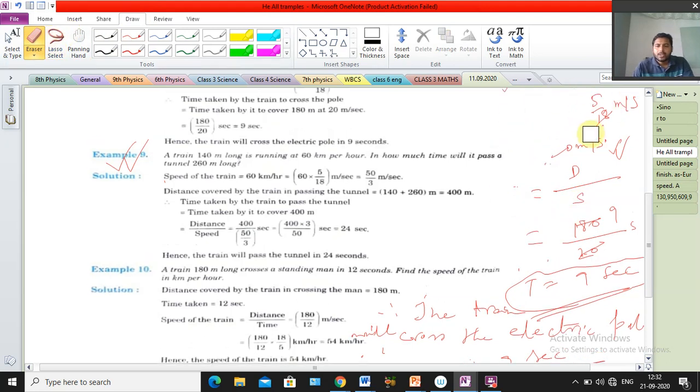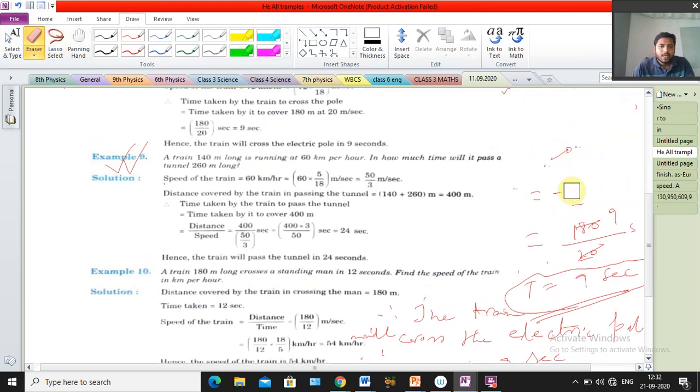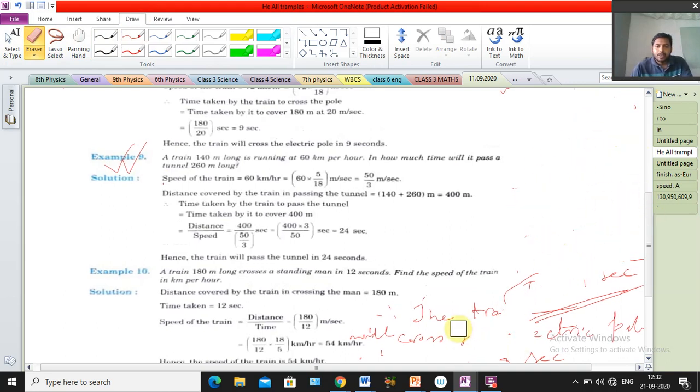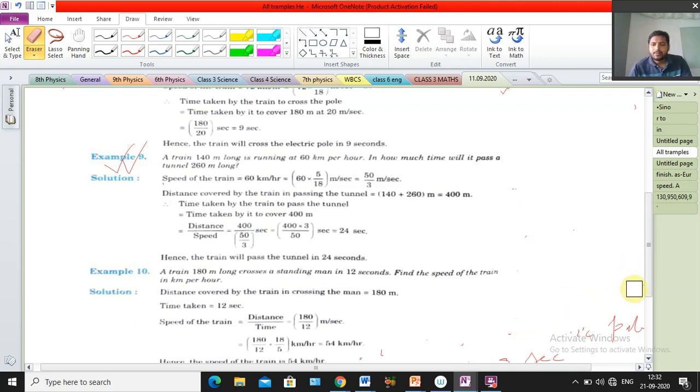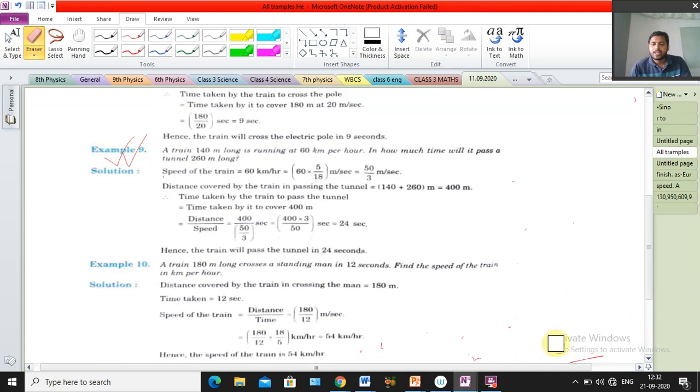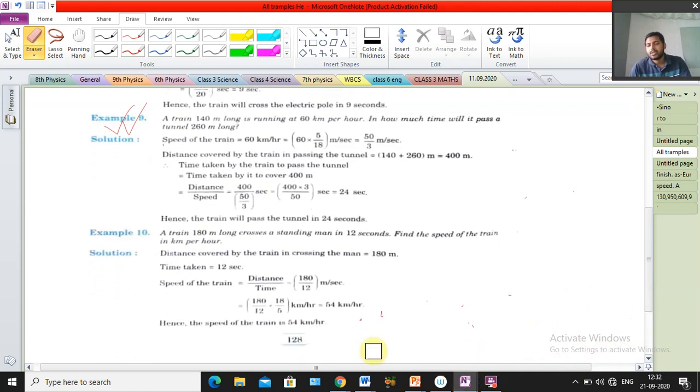So see, the question is telling a train 140 meter long is running at 60 km per hour, okay? So in how much time will it pass a tunnel 260 meter long? That is the question. Just you can read the question and try to find out the meaning. What is the meaning of the question?